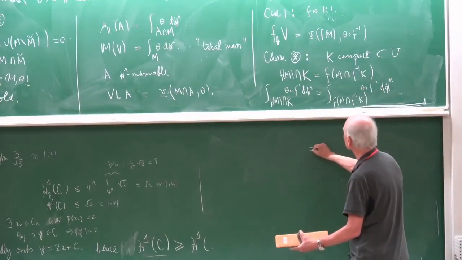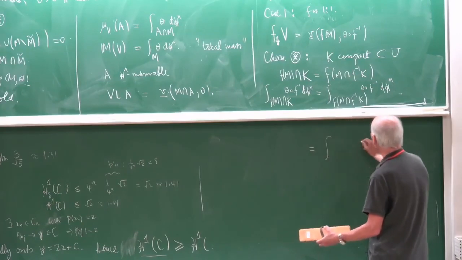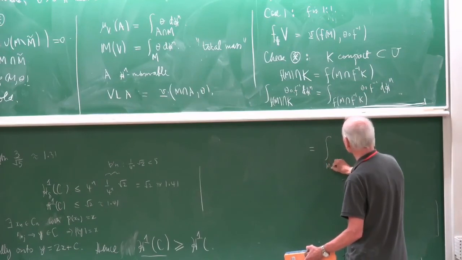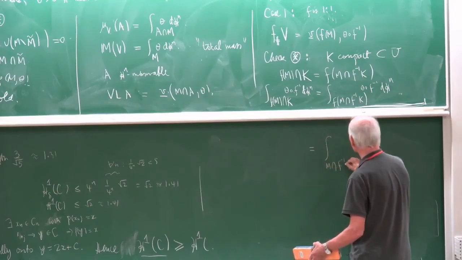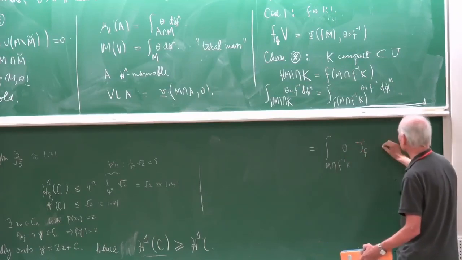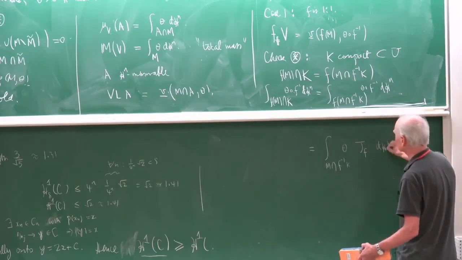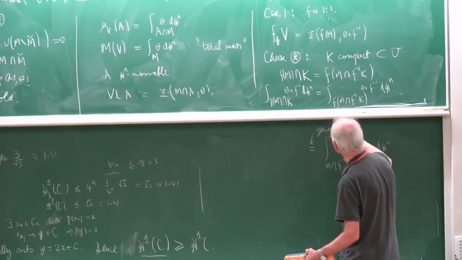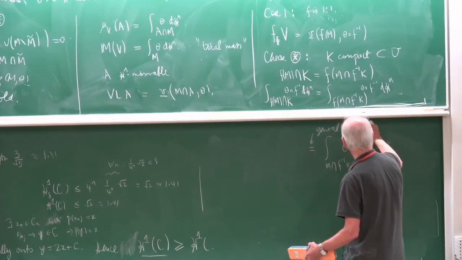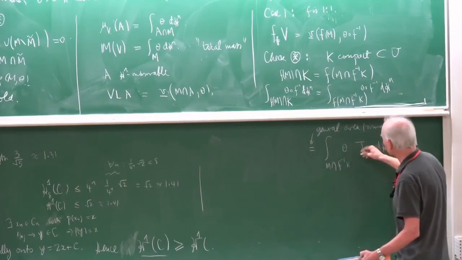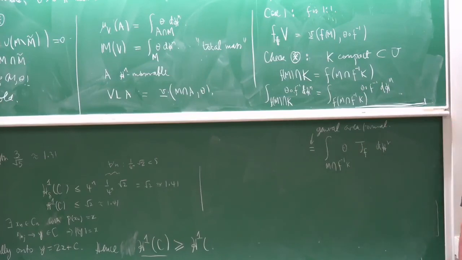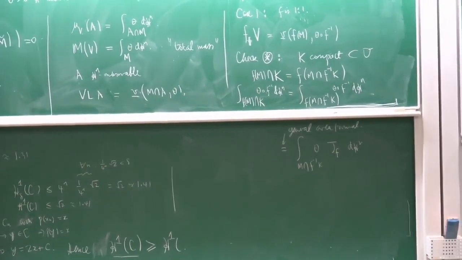It would be the integral of the Jacobian of f over M intersect f to the minus 1 of K, and that would be theta dHn. This is the general area formula that we derived earlier today. It's the general area formula with theta in place of h, that function h we were talking about.